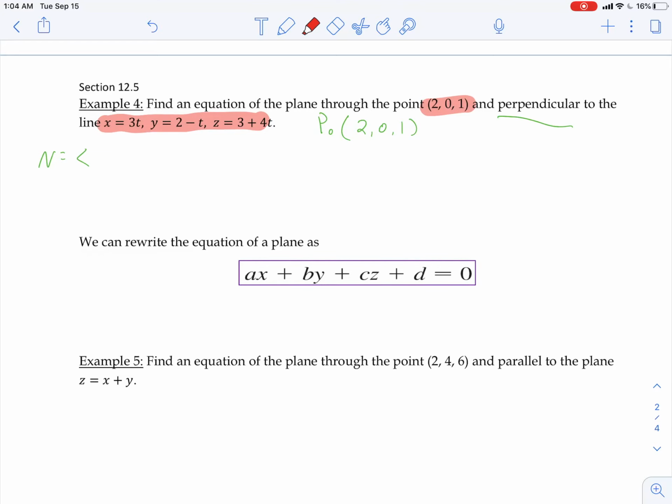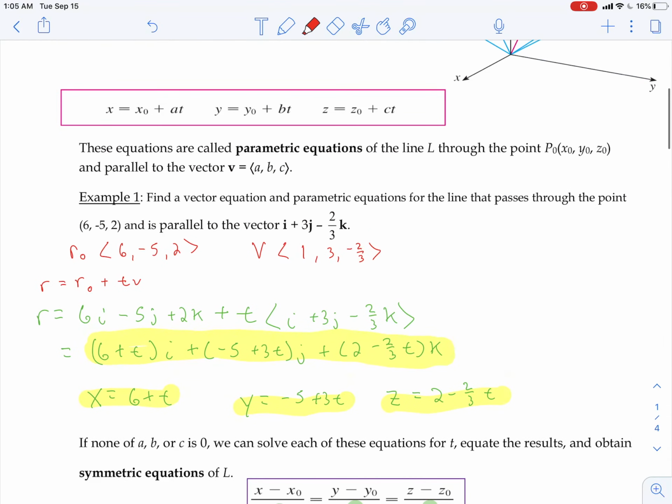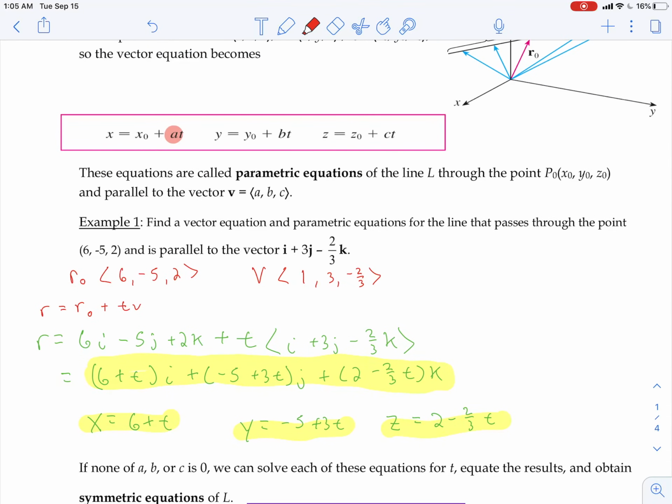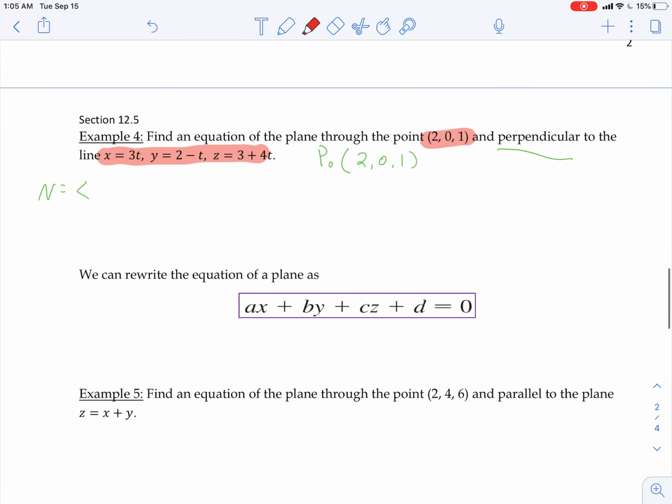And I can. One thing I want to note is from when we were doing the parametric equations: when you have a parametric equation, every coefficient with the t makes up the vector of that line. That vector is going to be perpendicular to my plane.